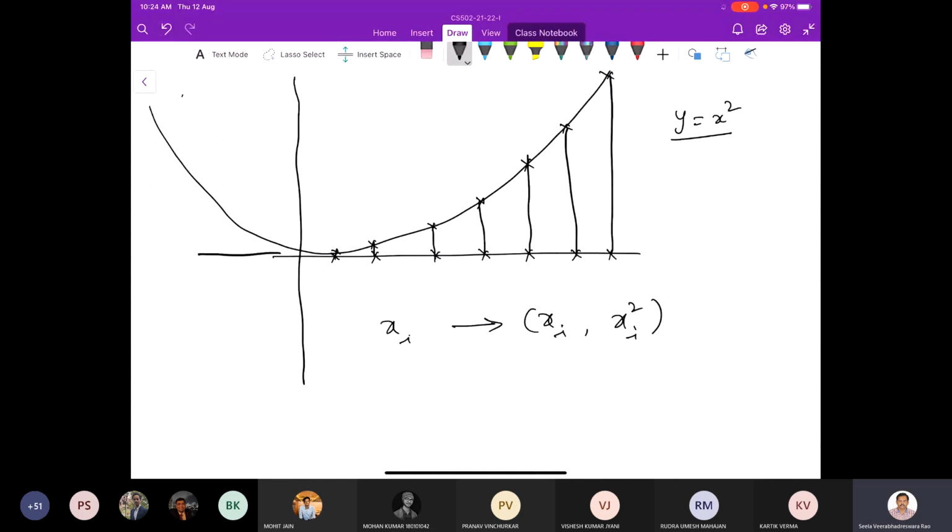Y coordinate becomes square of the x coordinate. So we have a point in the two-dimensional plane. Now you find the convex hull of these two-dimensional points. So what we will get? This is the convex hull of this. These are the endpoints.